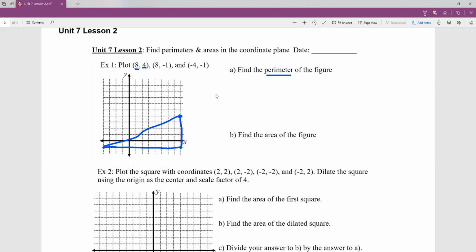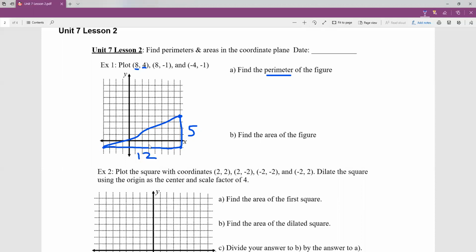To find the perimeter of the figure, we got to find what all the different sides added up are going to be equal to. So for two of these sides, pretty easy. All we got to do is count them. So 1, 2, 3, 4, 5. So that's got a length of 5. And then this has got a length of 1, 2, 3, 4, 5, 6, 7, 8, 9, 10, 11, 12.